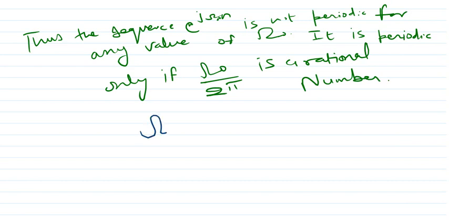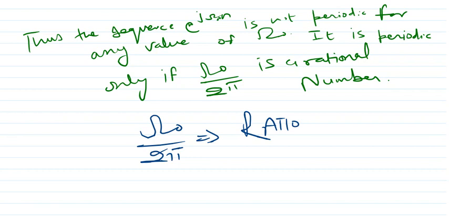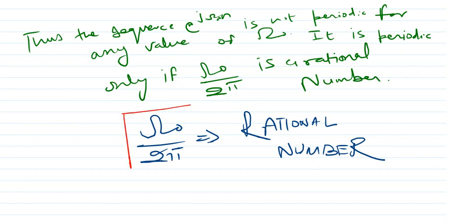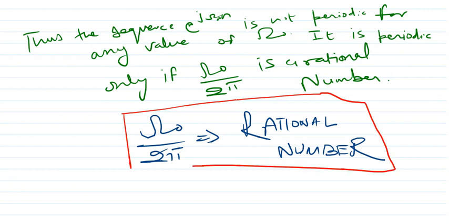The conclusion is that ohm naught divided by 2 pi should be a rational number. So this is the main condition.